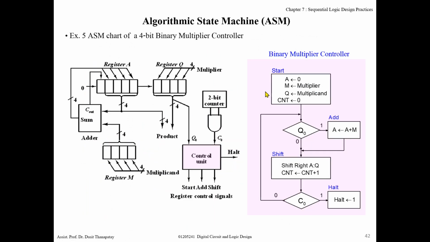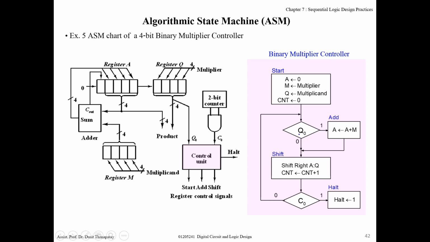And for a complicated state machine that has some registers inside, you need to design the data unit also. For example 5, I just show you the diagram of the ASM chart. At the start, we assign initial values of registers A, M, Q, and the counter.